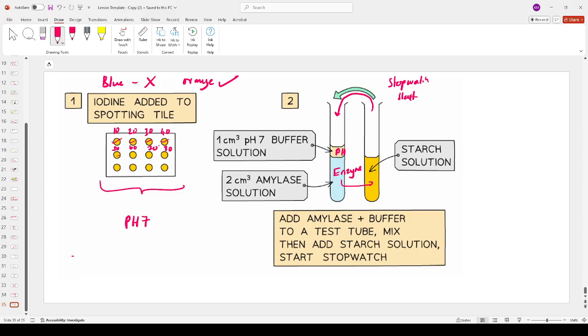So if the enzyme has worked well, will it be the earlier tile or the later tile? If it goes blue here, that means the enzyme has worked well. So earlier tile, enzyme worked well.